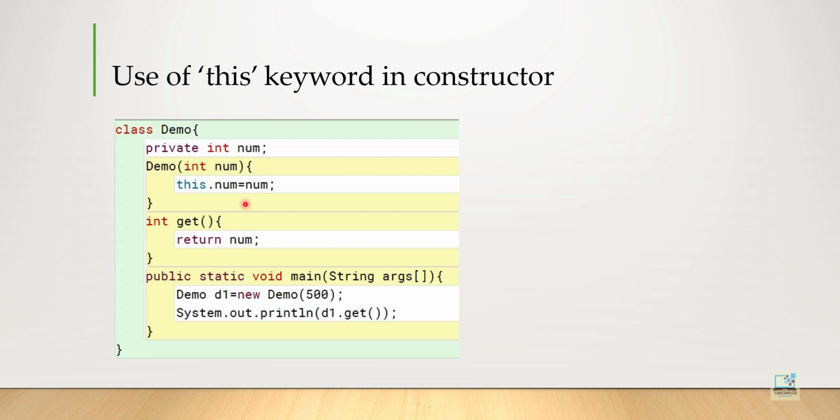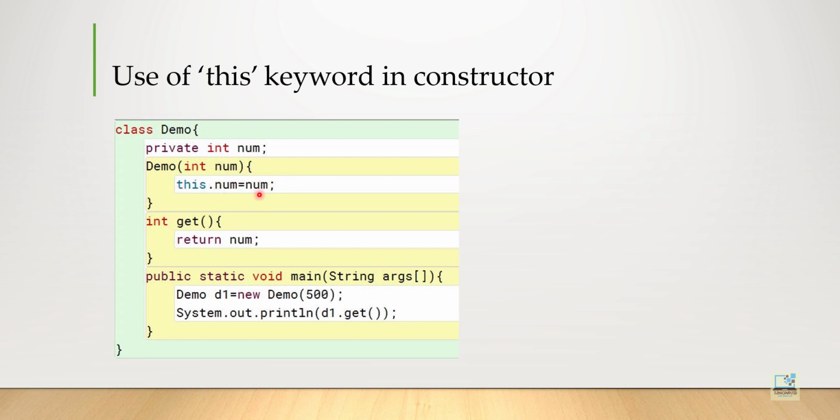As you can see in this example, in this class Demo, the instance variable has the name num and the parameter has the name num too. So whenever the same variable name is used in the class as an instance variable, and in the method or constructor as a local variable, whether in the parameter or inside the method.